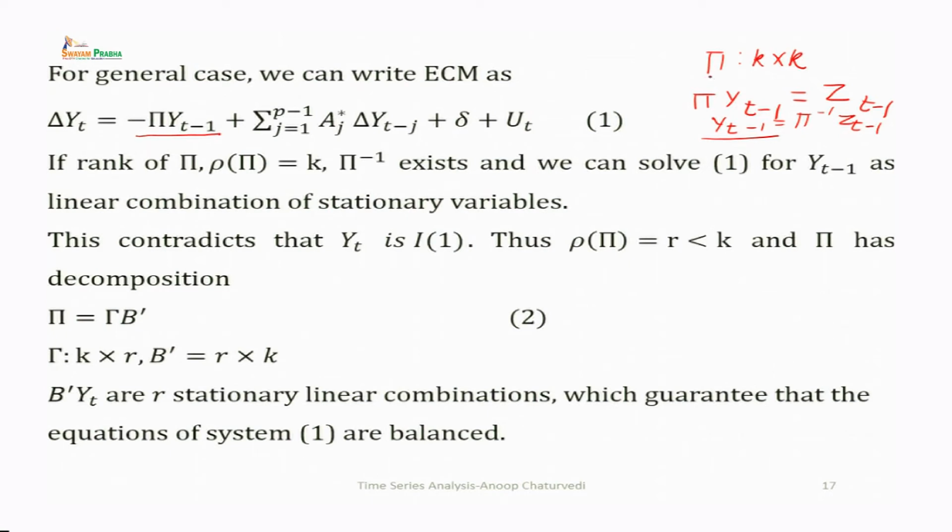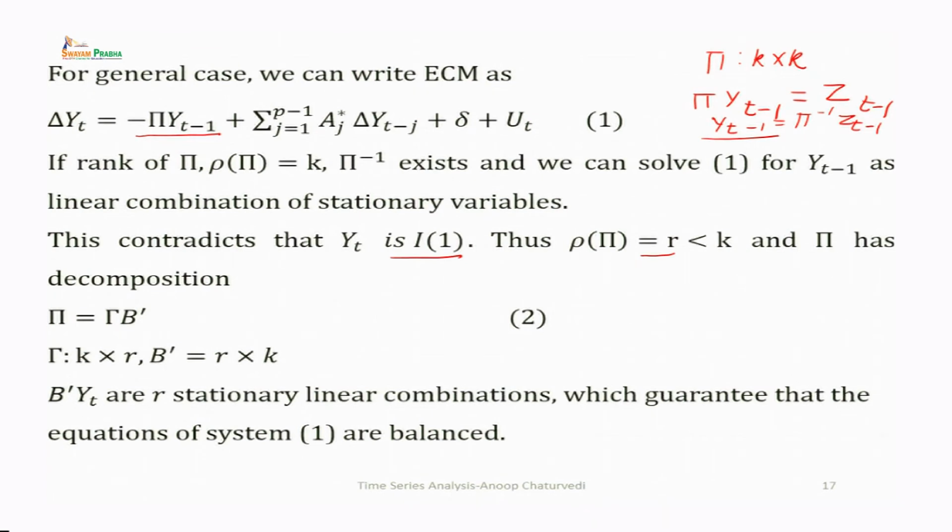So, pi is cointegration matrix. It means pi y t minus 1 is stationary, so we write it equal to z t minus 1. So, this implies that y t minus 1 is equal to pi inverse z t minus 1, which is a linear combination of I 0 variables. So, this leads to the result that y t minus 1 is also stationary. Now, this contradicts that y t is I 1.